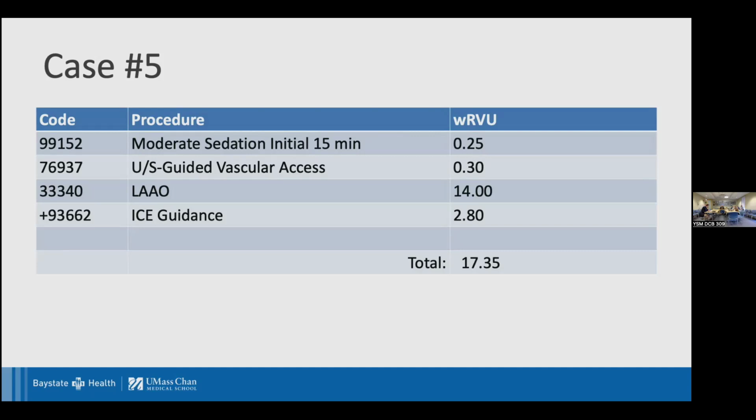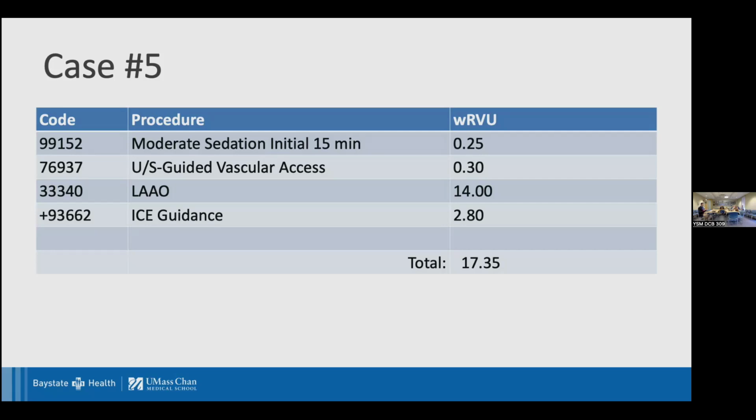Now, ICE, see, 93662 has a plus next to it. ICE is an add-on code. Add-on codes are special codes that have a list of primary codes with which they can be associated. So let's say you have a patient who has a concern for endocarditis, and they've got bad COPD. You don't want to intubate them. You don't want to do a TEE. You want to just use an ICE catheter to look for endocarditis. Can you bill 93662 for standalone ICE?